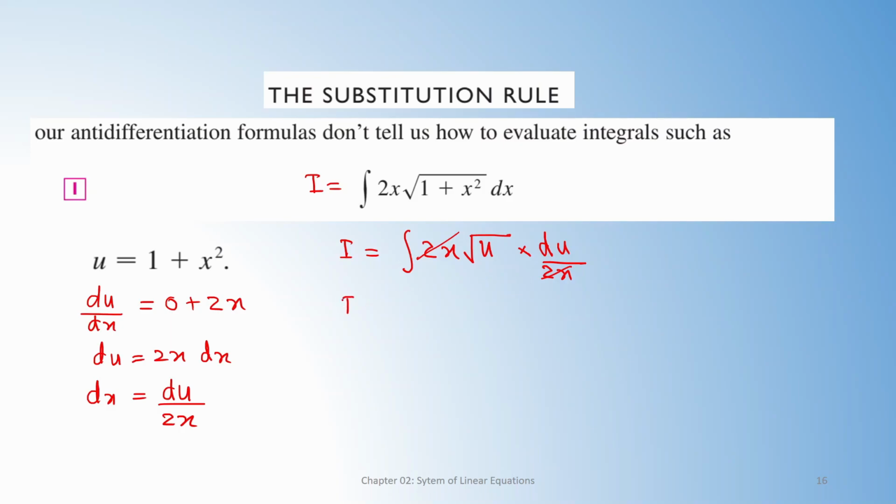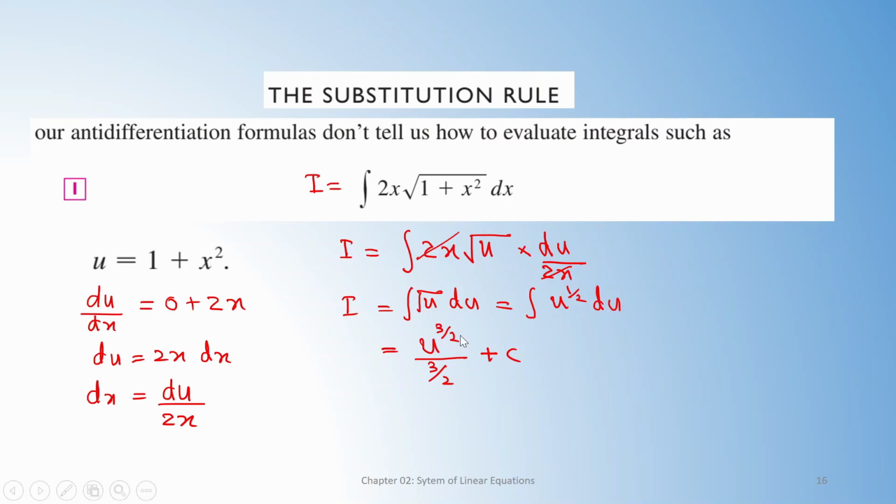Then you have the integration of square root u du, and square root u is u to the power half. Integration is done with respect to u, that is u to the power 3 over 2 divided by 3 over 2 plus c, because half plus 1 is 3 over 2.